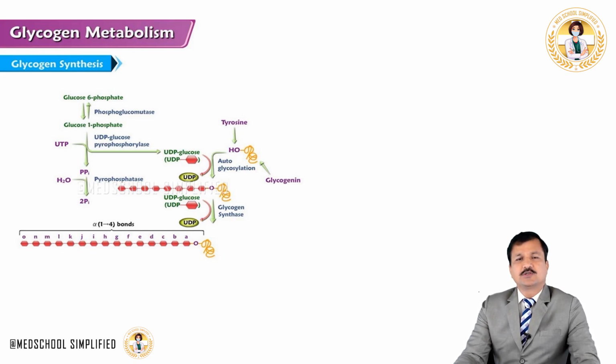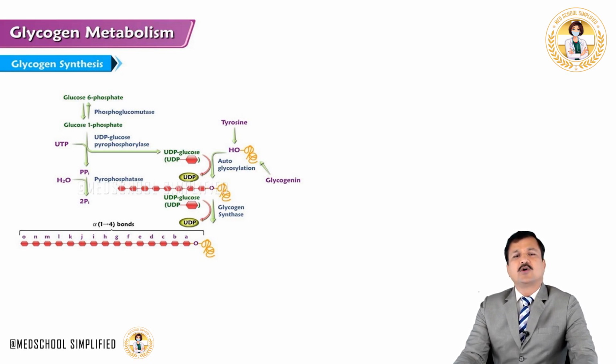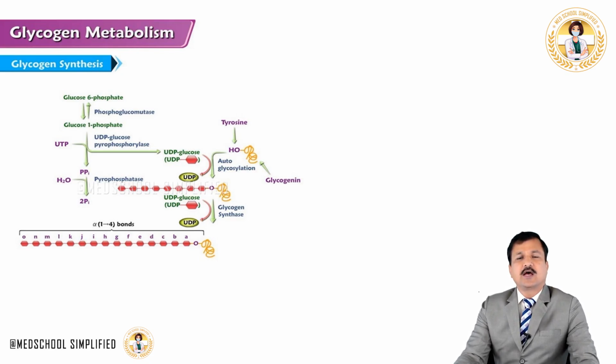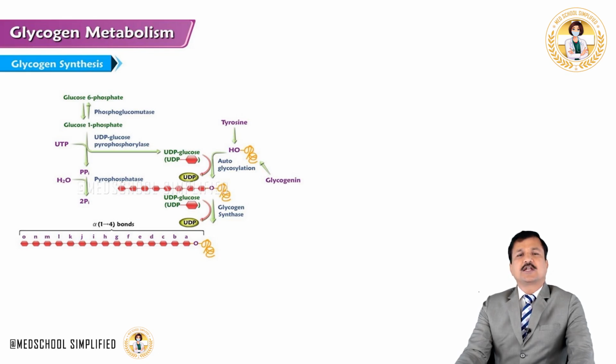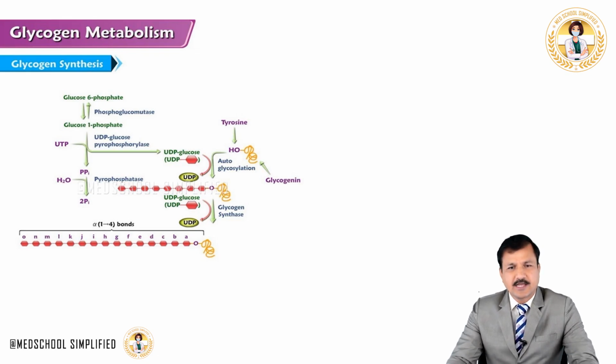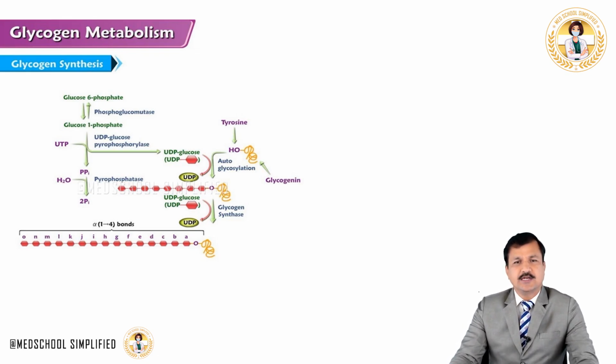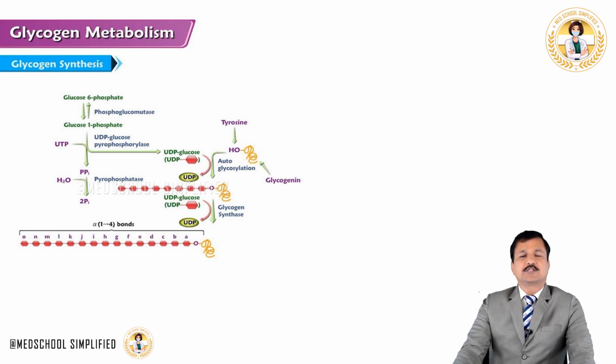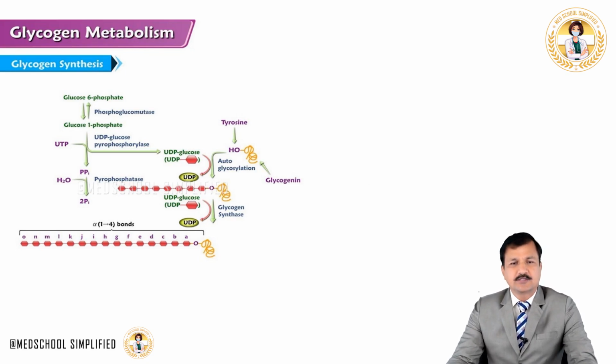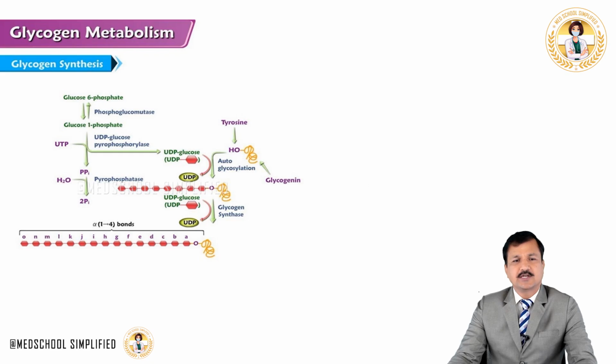Now the UDP-glucose available here will go and attach to the hydroxyl group of the tyrosine residue, and this attachment doesn't need any enzymatic action because glycogenin itself acts as an enzyme, and that process we call autoglycosylation. UDP is released, glucose is added, and this continues without any enzymatic action up to 8 glucose residues being added.